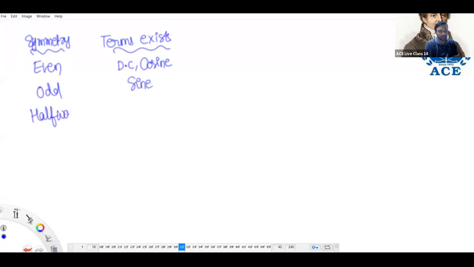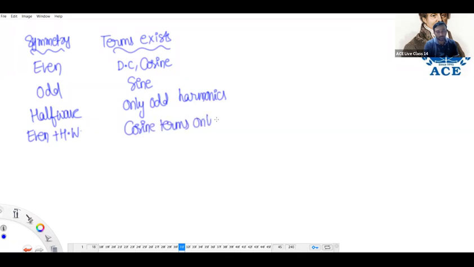Half wave, only odd harmonics. Even plus half wave means cosine terms for only odd harmonics. Odd plus half wave, sine terms for only odd harmonics.